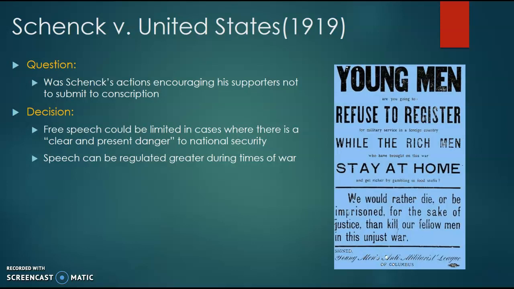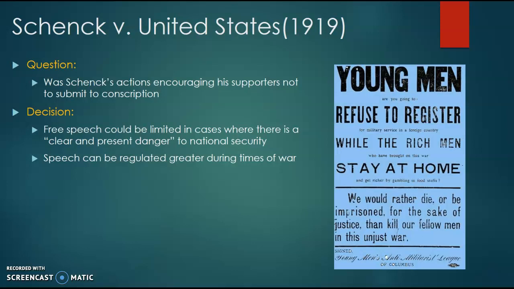And the decision was that free speech could be limited when there was a clear and present danger to national security. And so that becomes known as the clear and present danger test. If you are going to take away somebody's civil liberties, whether it's their freedom of speech or the freedom of press, which we see in prior restraint later, you damn well better be sure to argue that there is a clear and present danger to national security, right?